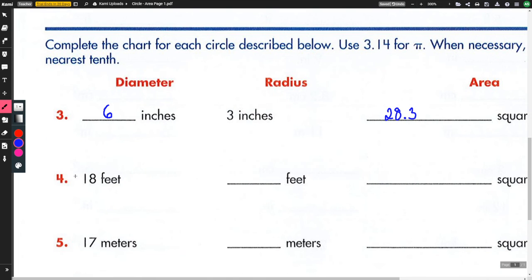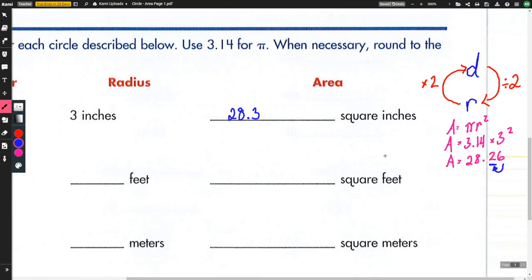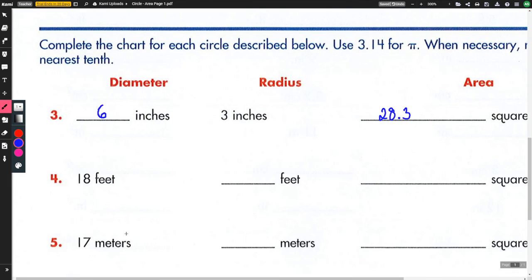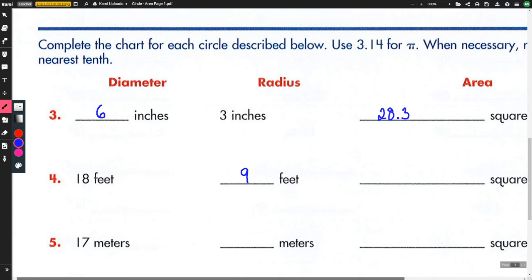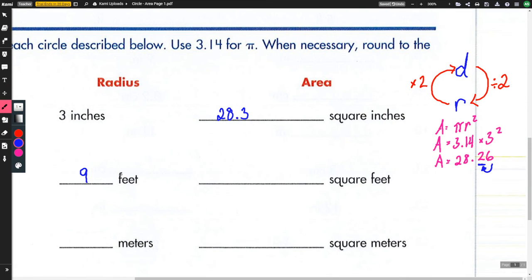Now I have my diameter. If I look at my little circle here, I know if I go from diameter to radius, I got to divide by 2. 18 divided by 2 is 9. Now I got to find my area. Well, I found my radius, so now all I need to do is plug it into the formula. So my formula is right here. I got 3.14 times 9 squared.